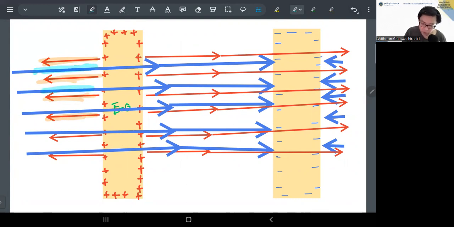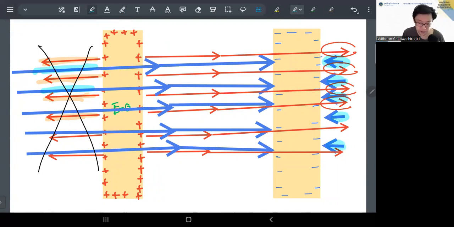So what I'm getting over here is a cancellation on the left end of this conductor. Okay. Now look at the right side. The electric field pointing to the right is the red vector, and the electric field pointing to your left is the blue vector. It's the same scenario over here. They are pointing in opposite directions, so you get the cancellation effect again.